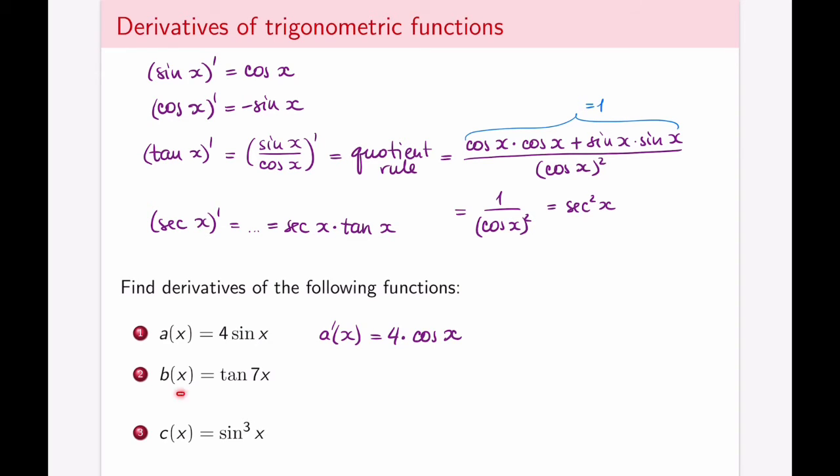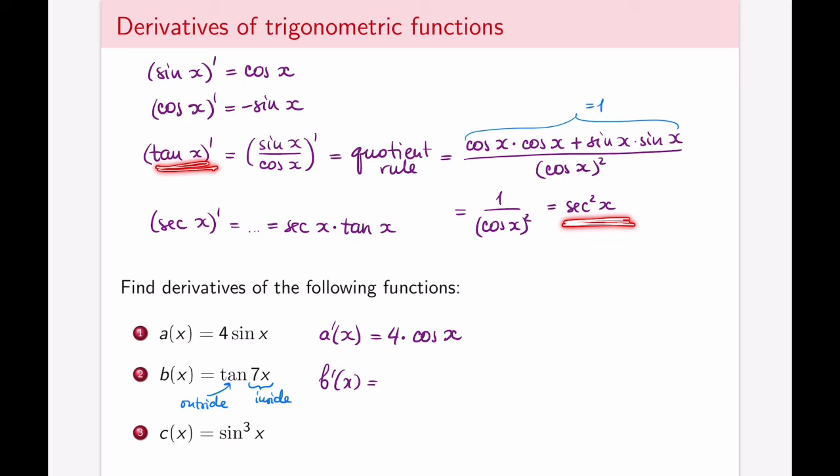The next function here, I have tangent of 7x. Now I can see that this 7x occurs on the inside, which means that this is my inside function and tangent is my outside function. So as per the chain rule, I have to first take the derivative of the outside. So I first have to take the derivative of the tangent as a function. The derivative of tangent as a function is secant squared.